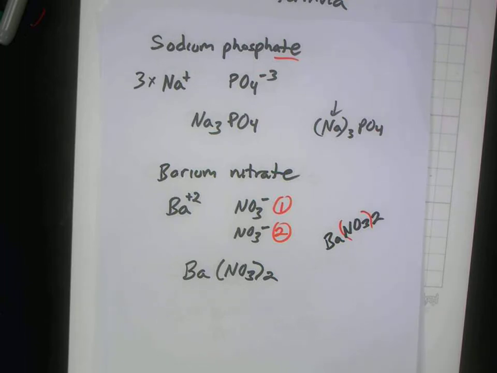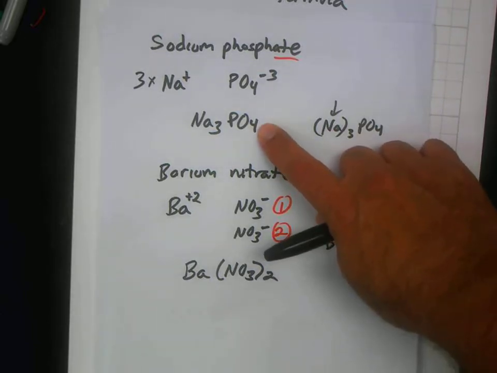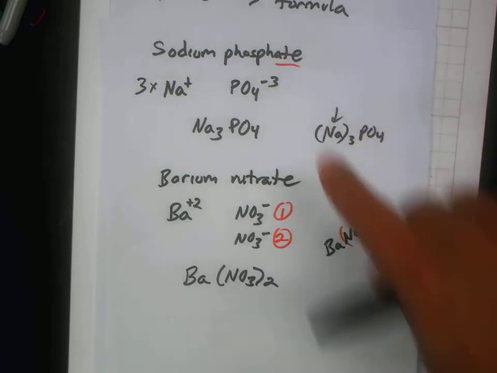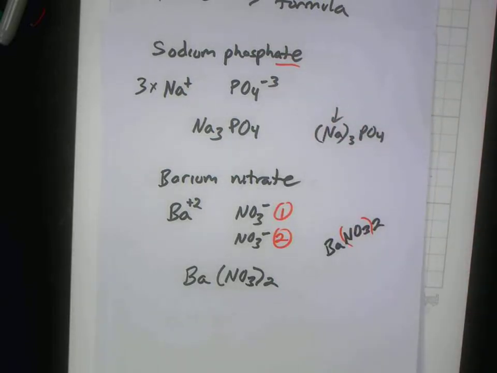If you need more than one, because of the charges, if you need more than one of a polyatomic ion, like nitrate or hydroxide or any one of those, you put parentheses around it. If you only need one of them, like here I only need one phosphate. The one phosphate had 3 negative charges. If you only need one of them, then you don't have to put parentheses.